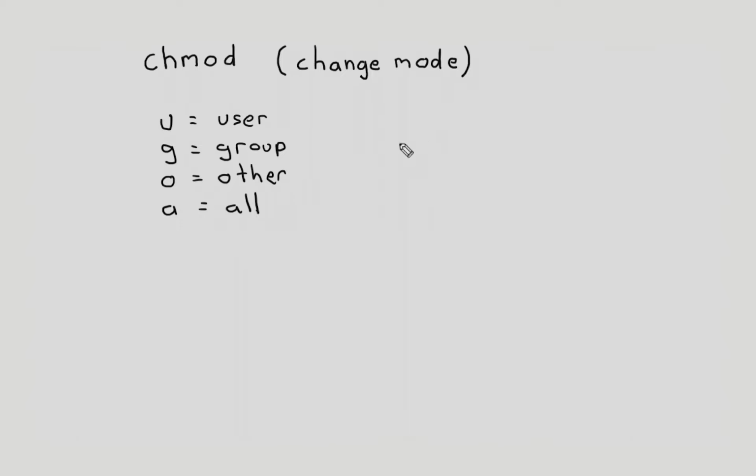And then for the permissions, we have an arithmetic sign in the middle, and that arithmetic sign can be either plus, minus, or equal to. And this basically means add the permission, remove the permission, or set the permission equal to.